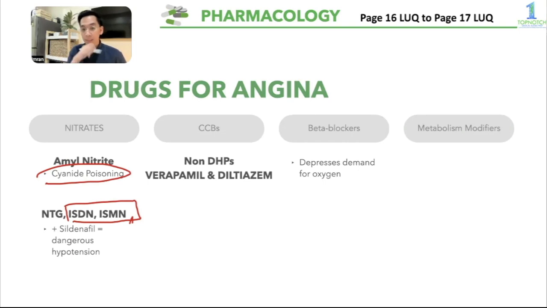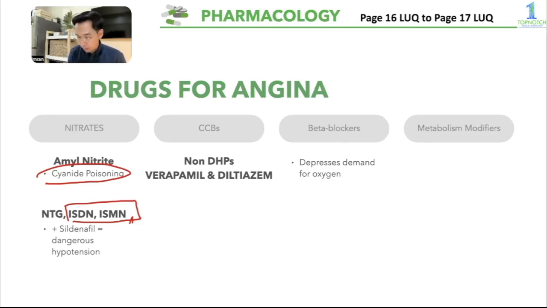Itong verapamil and diltiazem, ang goal nito is to increase the vasodilation doon sa ating coronary blood vessels, and then it will also cause slowing of the heart rate, para mas ma-decrease yung demand doon sa heart for more oxygen.